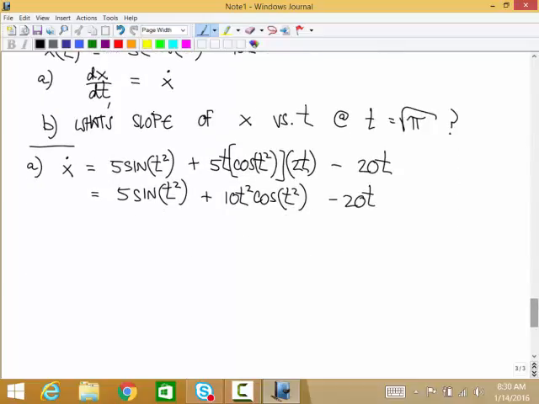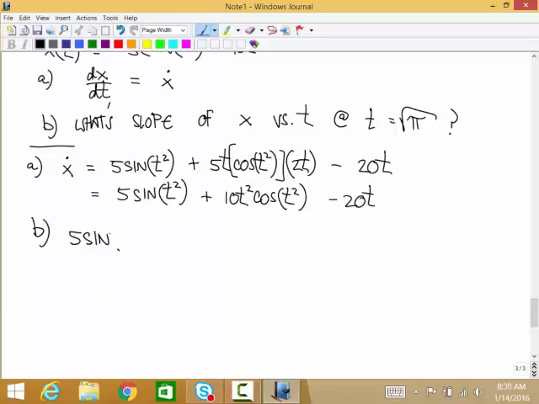And now if we want to find the slope of the graph at this instant in time, all we do is plug that independent variable value into this new function that we have. So remember, this x dot is a function of time, and you can treat it just like a function. So let's see.